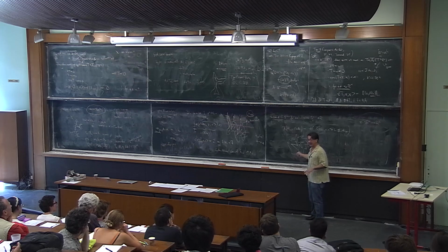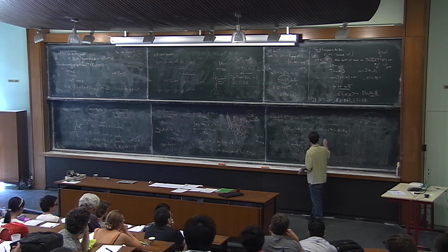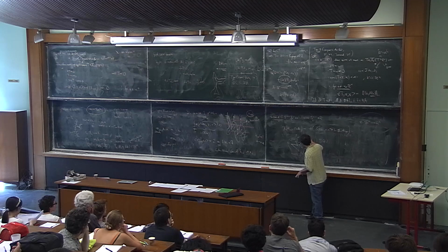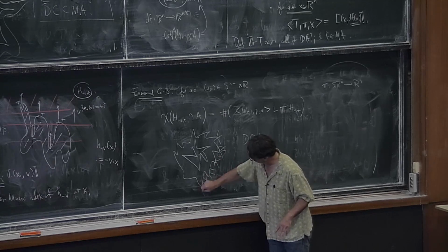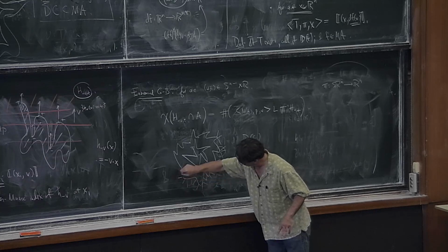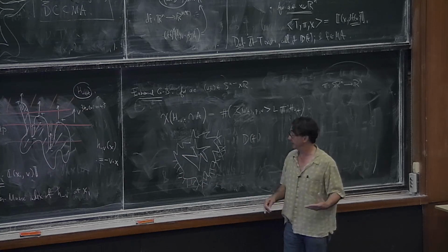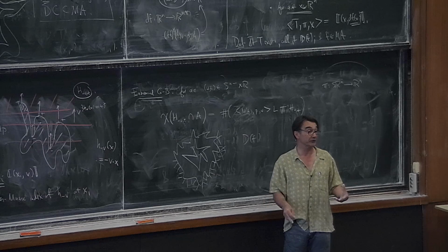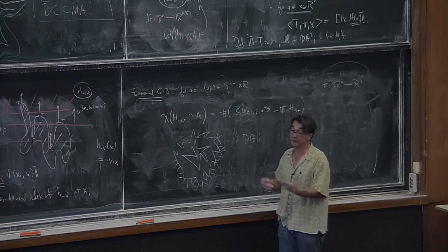I can construct normal cycles for these. The normal cycle for this one will be built from the normal cycles for these, from D of f. In other words, I've got a graph of the derivative. All those gradients are supposed to be normal to the sublevels or the levels, in some virtual sense, and the formalism basically all works out.